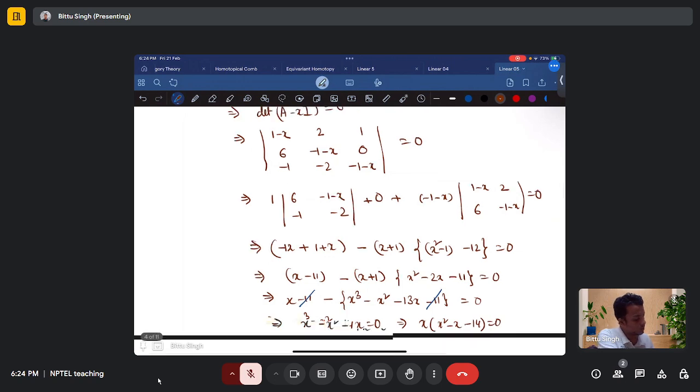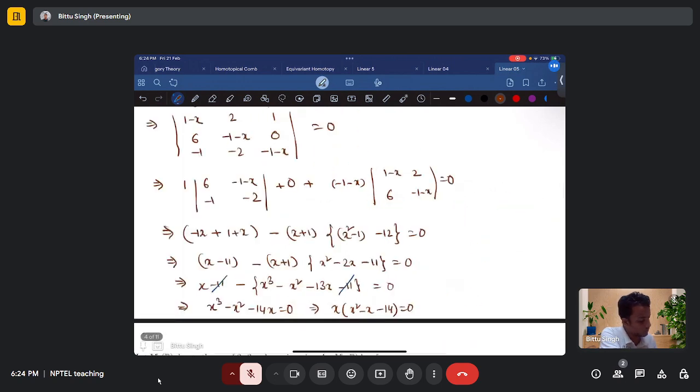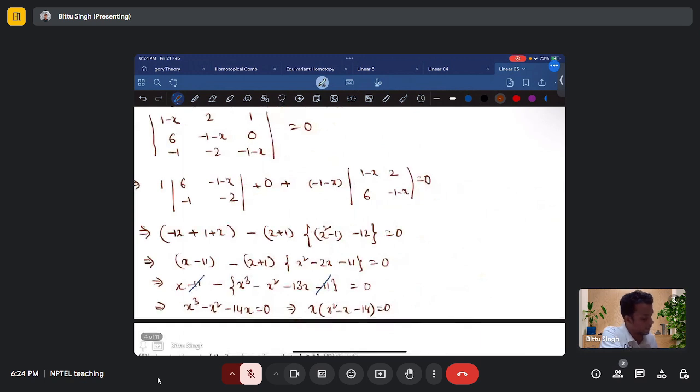So what are the solutions of this equation? You can see this will give either x equal to 0 or x square minus x minus 14 equal to 0.